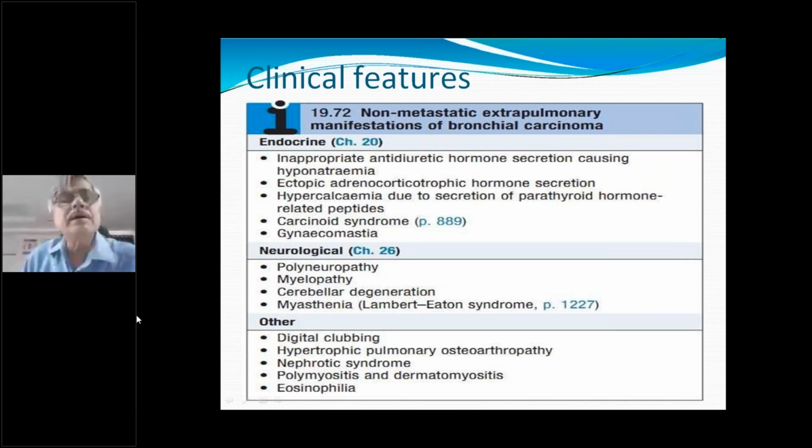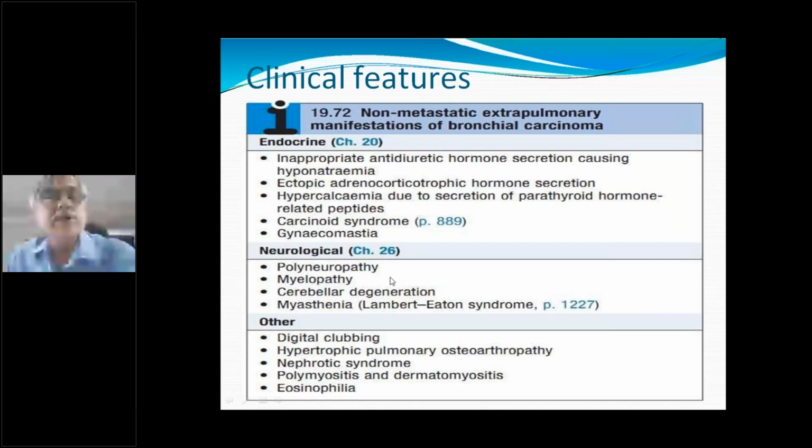Here, the clinical features of the third variety are because of the non-metastatic extrapulmonary endocrine effects, that is paraneoplastic syndrome. These are paraneoplastic syndromes. Inappropriate secretion of antidiuretic hormone. It may cause adrenocortical secretion. Hypercalcemia because of parathyroid hormone. It may cause carcinoid syndrome. It may cause gynecomastia.